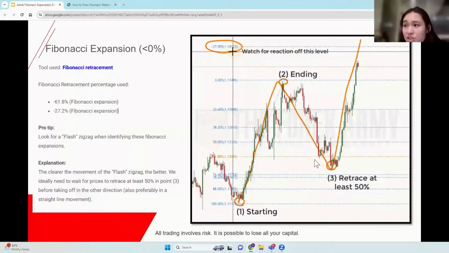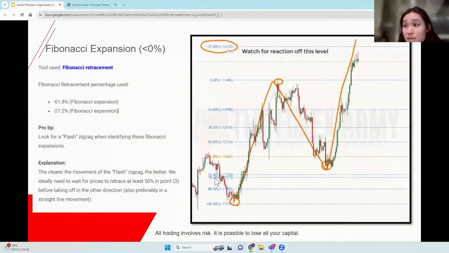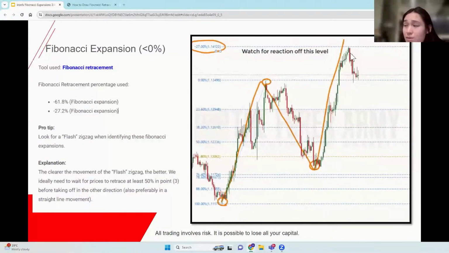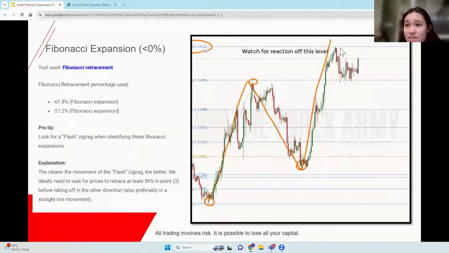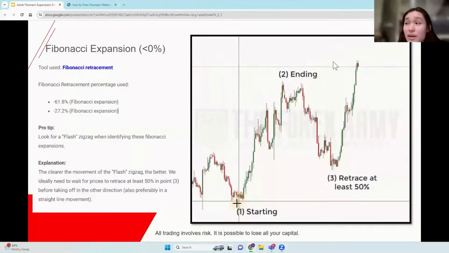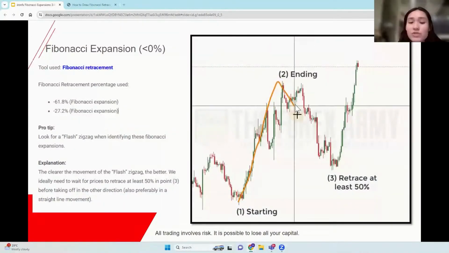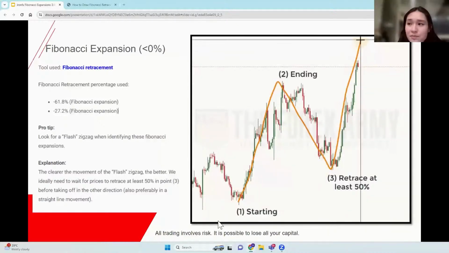Okay, so here you can see it's retraced even more, almost 76%, before bouncing off and heading towards our 27%, and retracing off of that level.